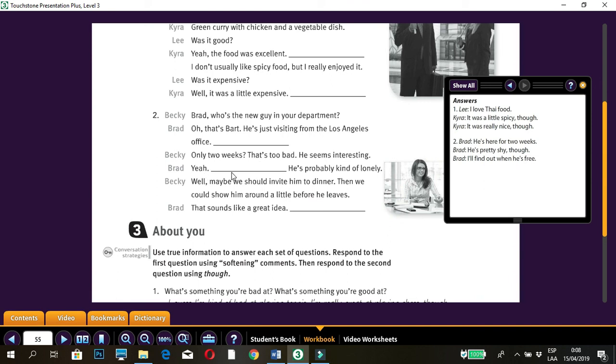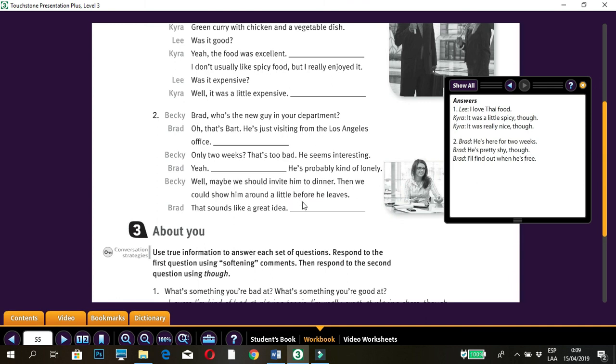He's probably kind of lonely. And then maybe we should invite him to dinner, then we could show him around a little bit before he leaves. Oh, that sounds like a great idea. I will find out when he's free. So the only part where you have to use though to express an opposite idea is in the second one. Okay? All right, because then we don't have any other opposite ideas.